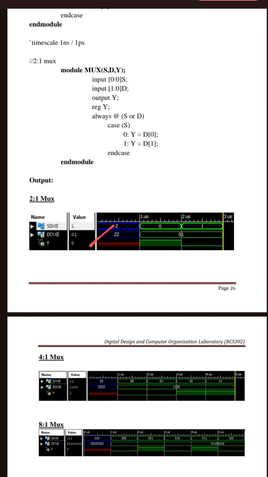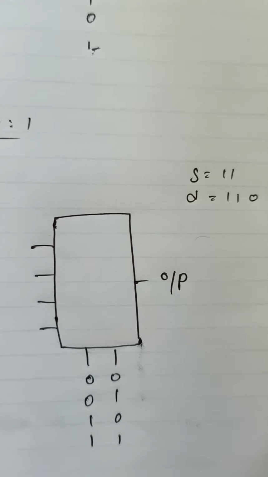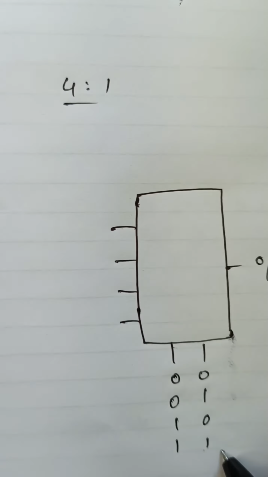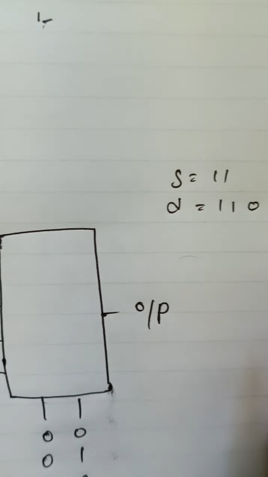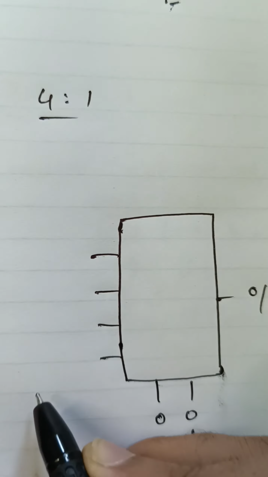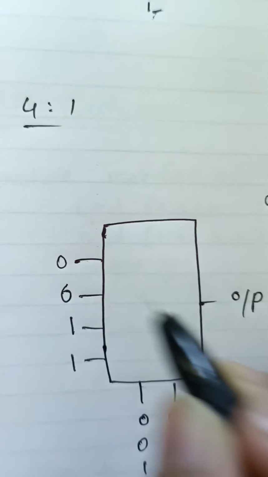Then we will discuss the 4:1 multiplexer. They have given that the select is 1, 1 and the inputs D are 1, 1, 0, 0. So it will take 1, 1, 0, 0 here.